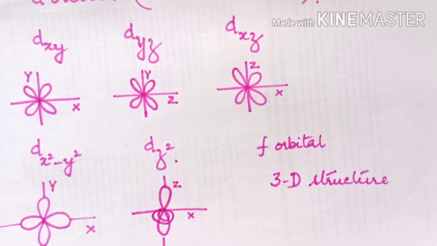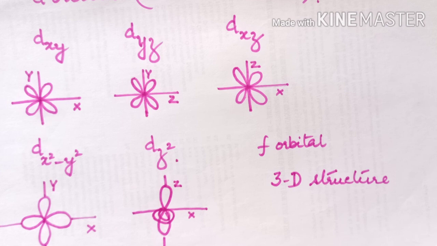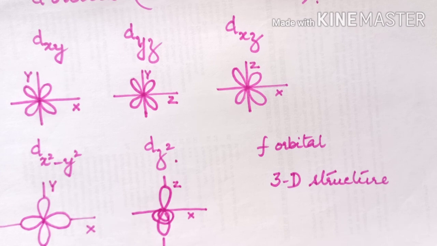The maximum capacity of s orbital is 2. Maximum capacity of p orbital is 6. Maximum capacity of d orbital will be 10, and f orbitals can accommodate only 14 electrons at a time. Hope you understood. Thank you.